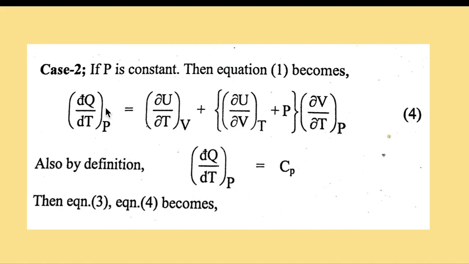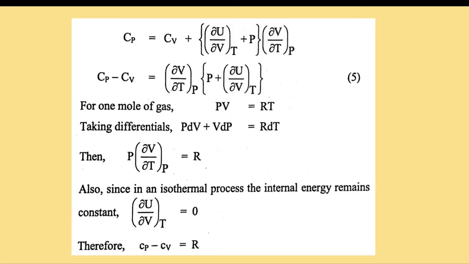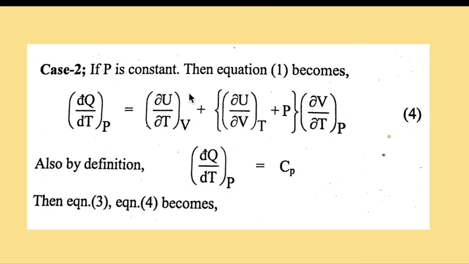And also by definition, you know this quantity d bar q by dt at a constant pressure is Cp. So now equation 4 becomes, using the concept we have used in equation 3, that means this quantity du by dt at a constant volume we have written as Cv.